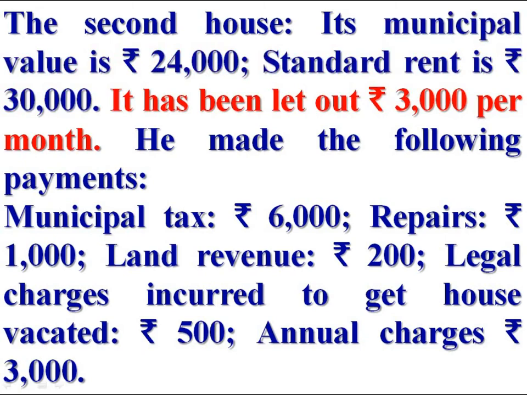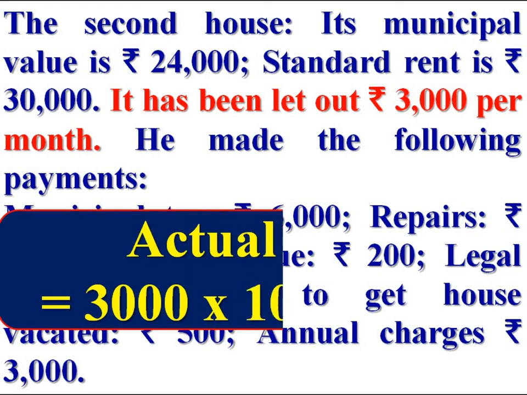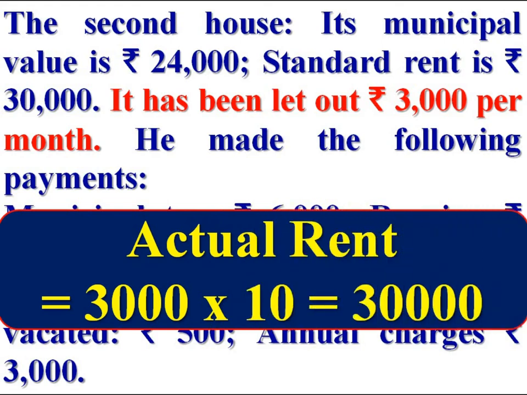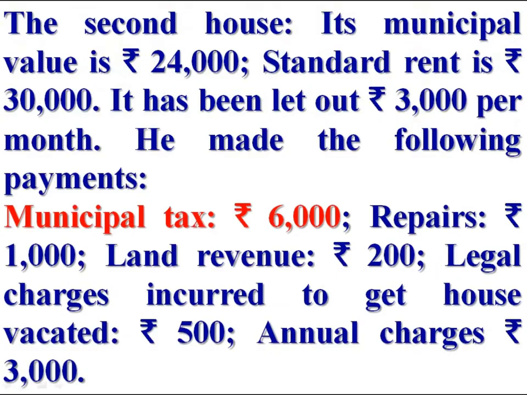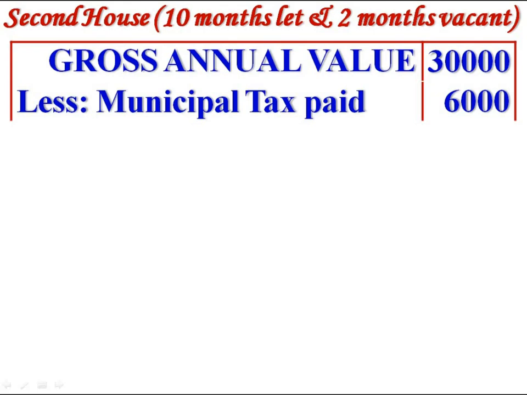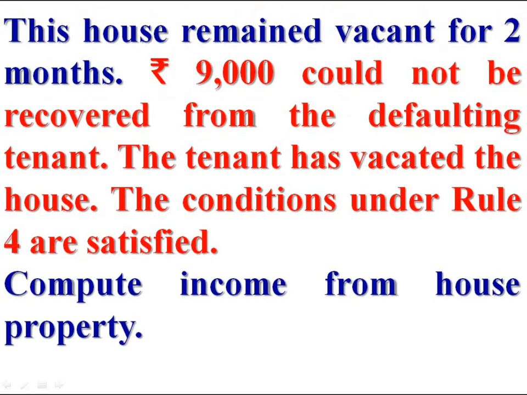Here we are given, it has been let out for Rs 3,000 per month. That is actual rent 3,000 for 10 months, rupees 30,000. This actual rent being gross annual value. Less municipal taxes paid, we are given he paid municipal tax rupees 6,000 during the previous year. Then unrealized rent. We are given rupees 9,000 could not be recovered from the defaulting tenant. It is unrealized rent.